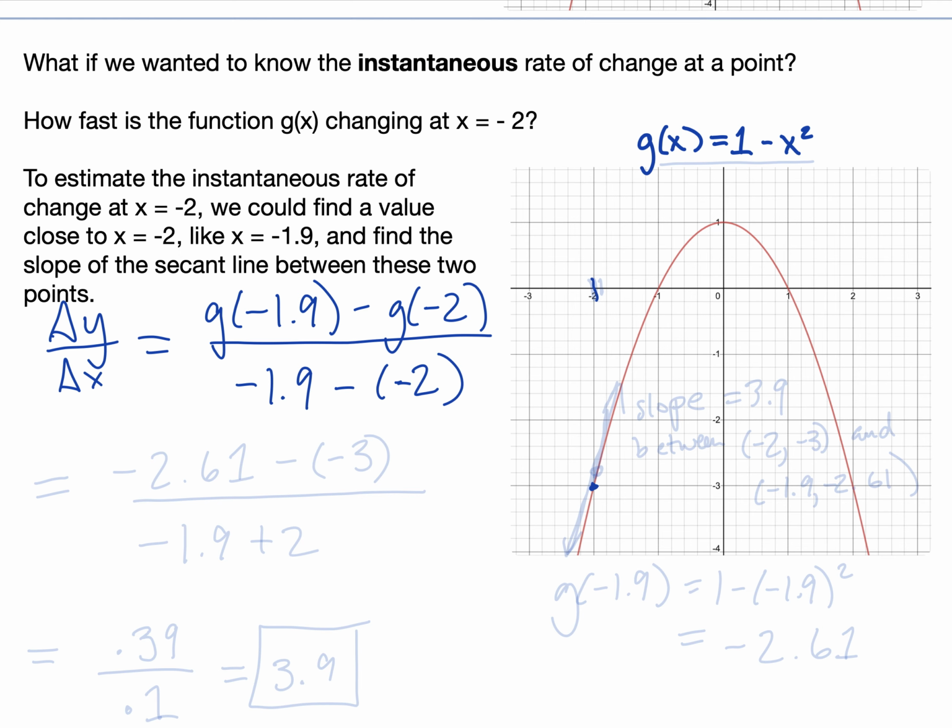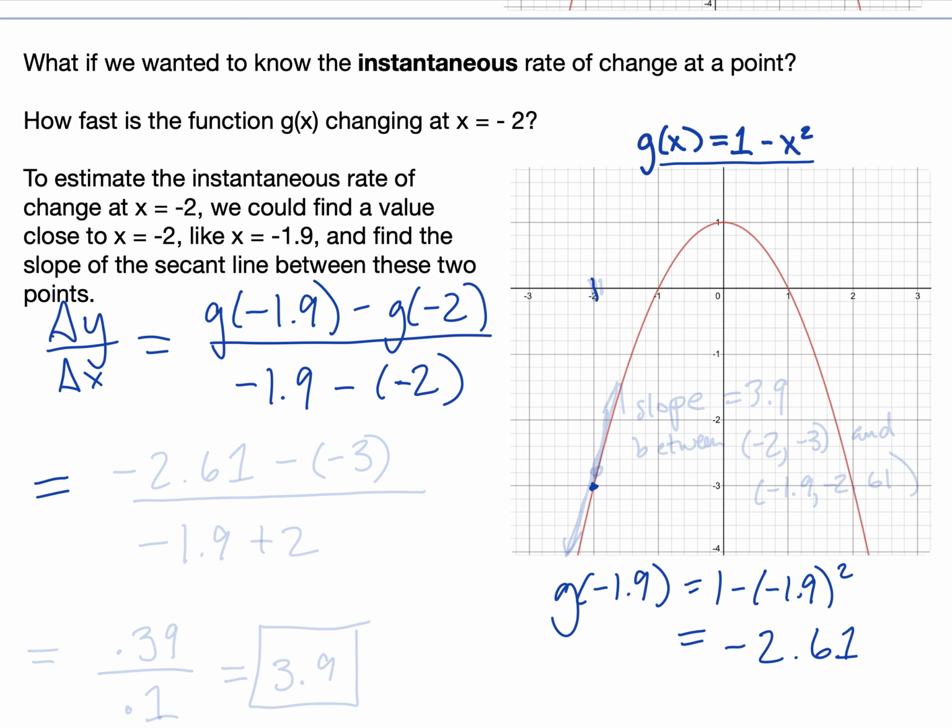But anyway, we can put in those values, and now we need to calculate them. If you plug negative 1.9 into the function g of x equals 1 minus x squared, on the side we can say g of negative 1.9 is 1 minus negative 1.9 squared. Either plugging that into a calculator or doing it by hand will give you negative 2.61.